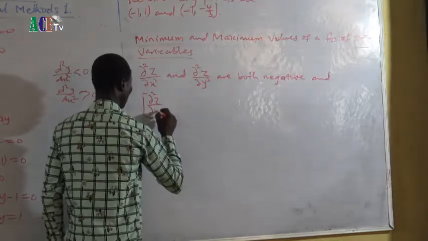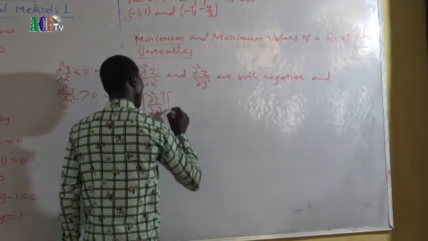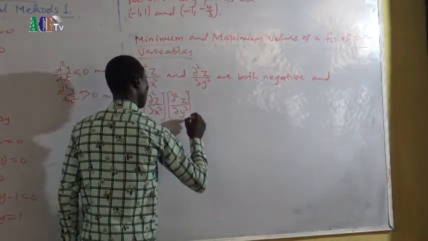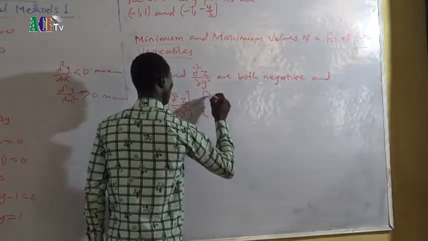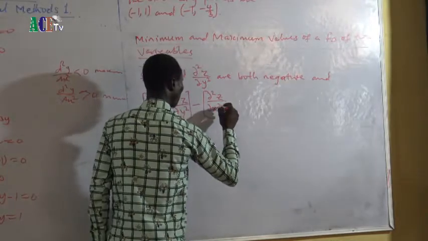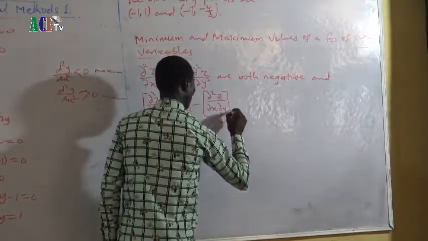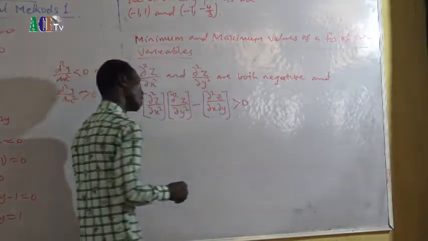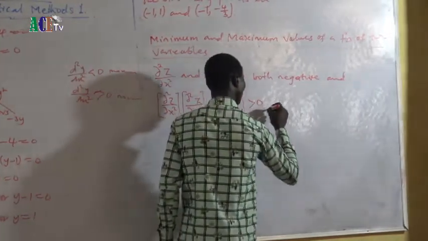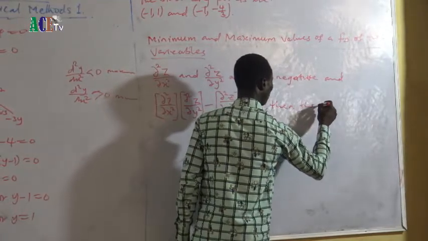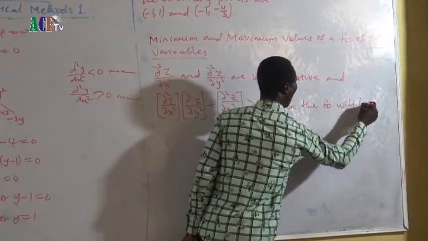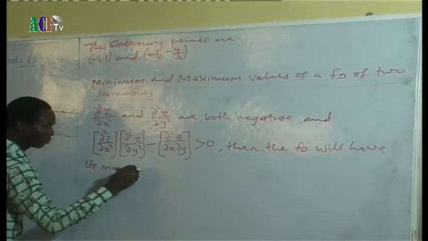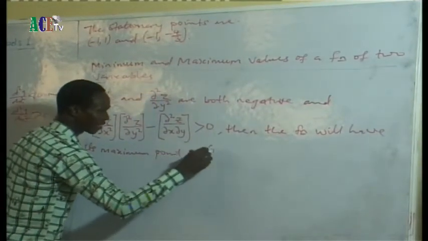And at the same time, ∂²z/∂x² multiplied by ∂²z/∂y², minus (∂²z/∂x∂y) squared, if this expression is greater than 0, then the function will have its maximum point at x comma y.